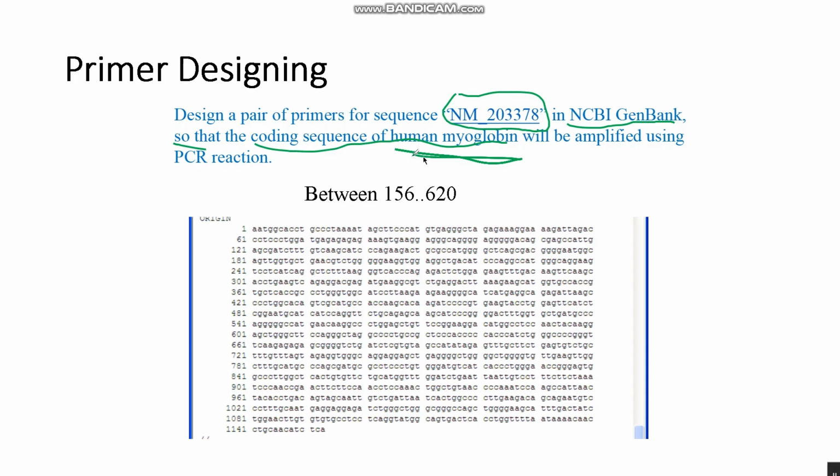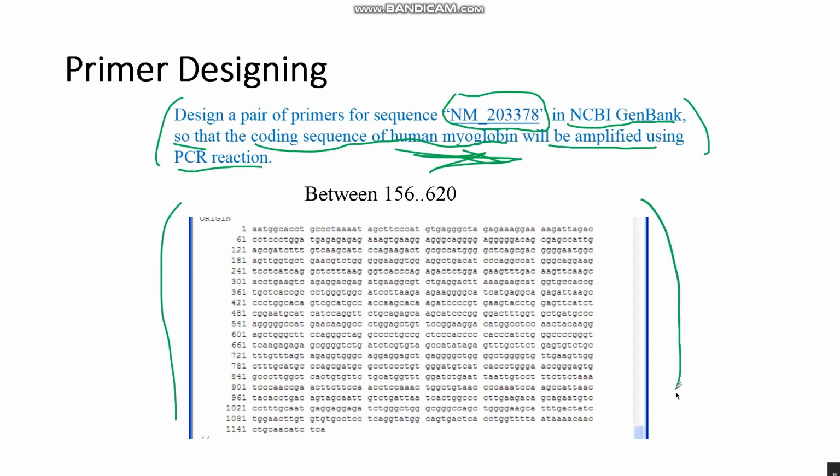Your gene will be amplified using PCR. This is the scenario: you get the primers from this sequence, between 156 to 620. You select this gene target.